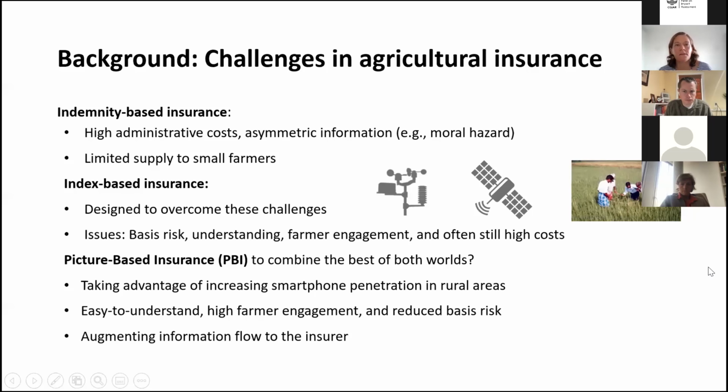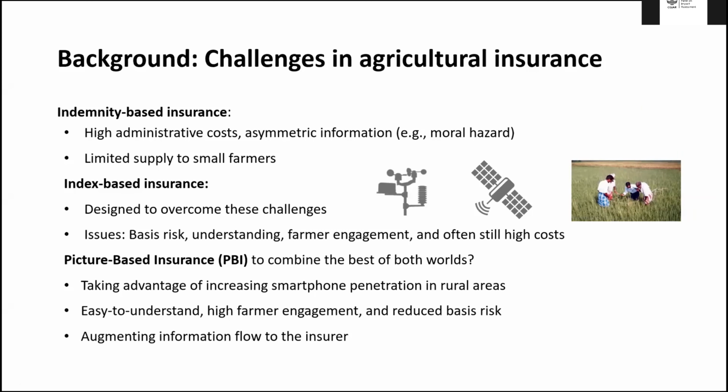So as background, there's a lot of interest in agriculture insurance, and especially index insurance, to improve smallholder farmers' resilience. But there's challenges in the provision of these agriculture insurance solutions. On the one hand, we have indemnity-based insurance, which pays out for actual losses that might be incurred to the crops.